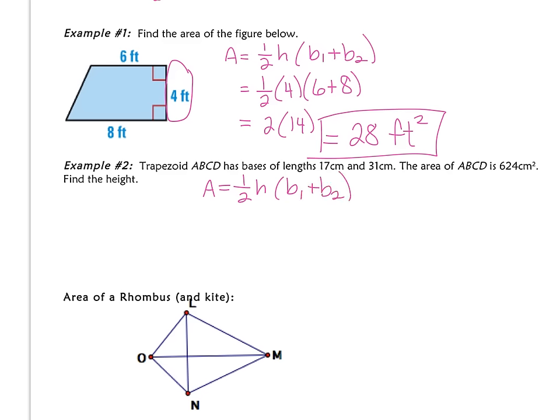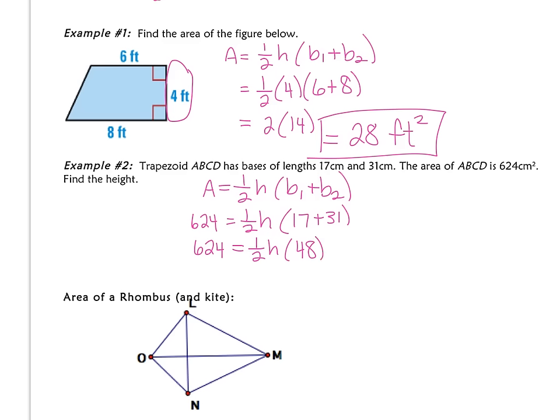So this time I'm still going to be plugging in, except I have the area and I'm missing the height. So I'm going to write 624 equals 1/2 the height, and then I'm going to add the two bases, which are 17 and 31. Working through this equation, I'm going to get 624 equals 1/2 h. 17 plus 31 is 48.